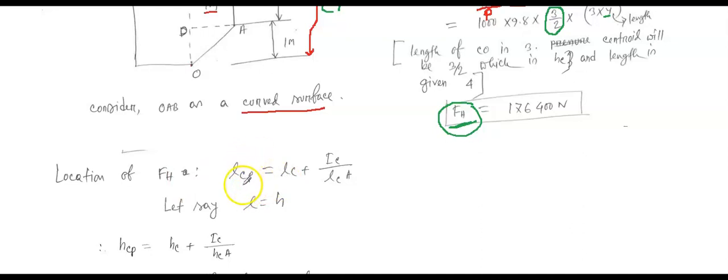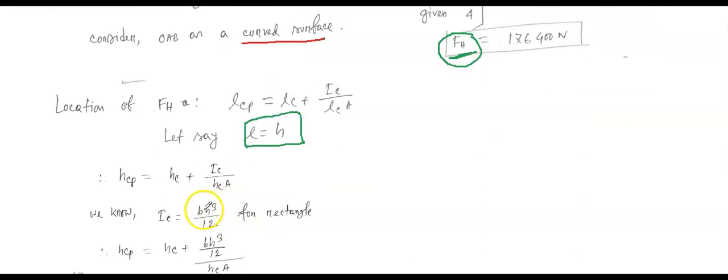We know L_CP equals L_C plus I_C over L_C A. Let's say L is equal to H. If we substitute L equal to H, then hCP equals hC plus I_C over hC A.